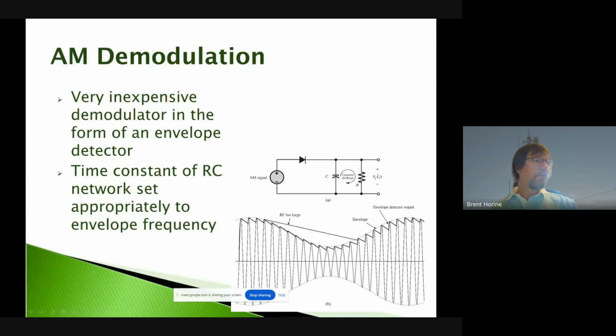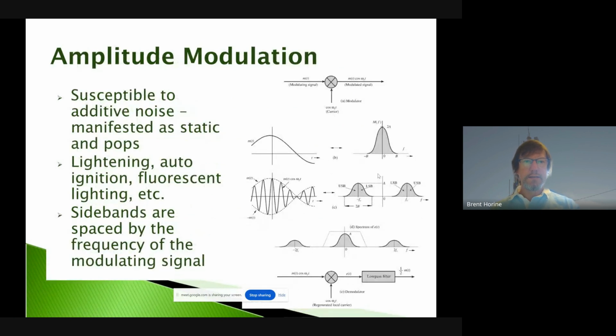I'll say this also: one of the issues with amplitude modulation is that because the signal is carried on the amplitude of the carrier, any additional additive noise, let's say static or hum or lightning, all sorts of different things, gets right into the signal and is really hard to separate out.